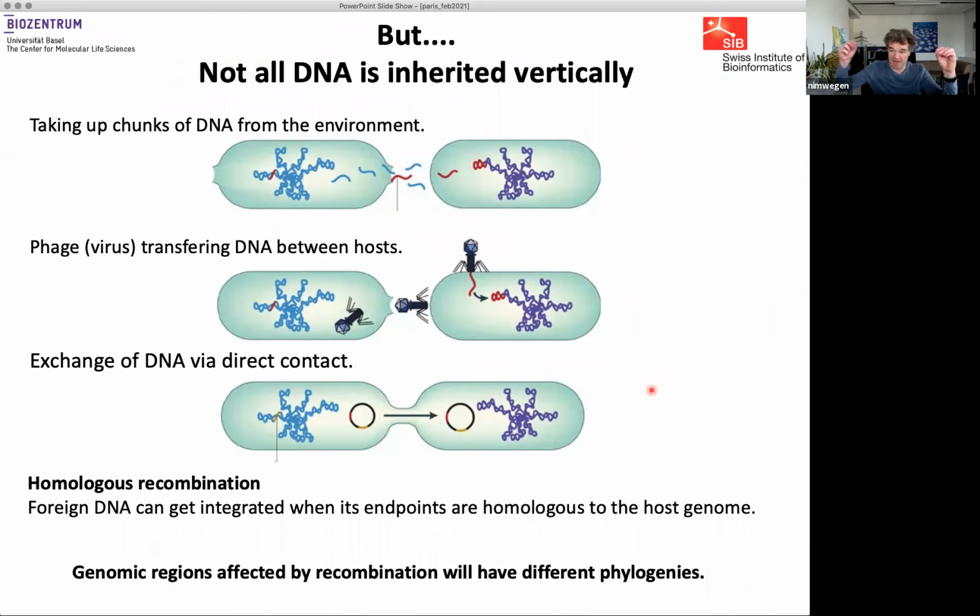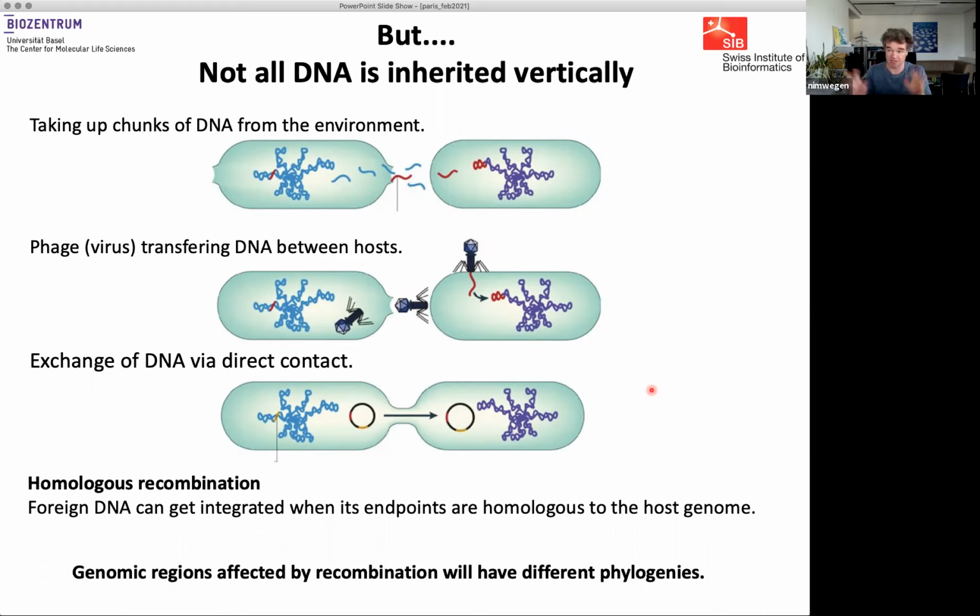And when the endpoints of these chunks of DNA that are being transferred have homologous endpoints in the chromosome of the cell that they enter into, then through homologous recombination, the DNA can get integrated into the host genome.